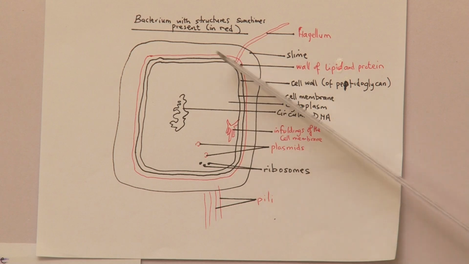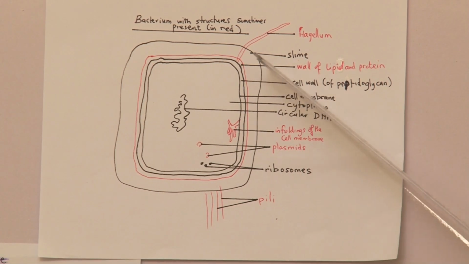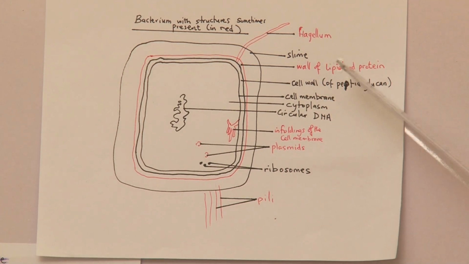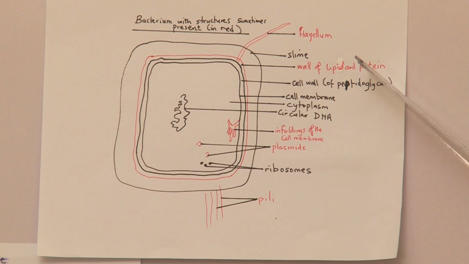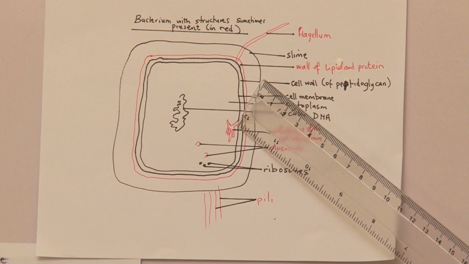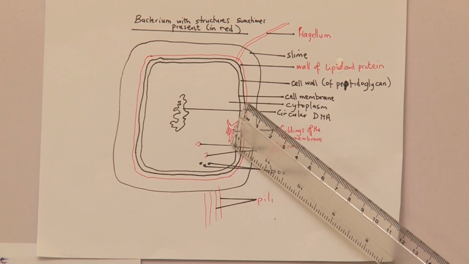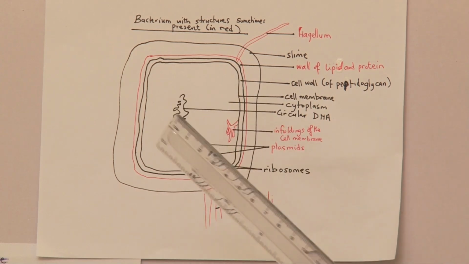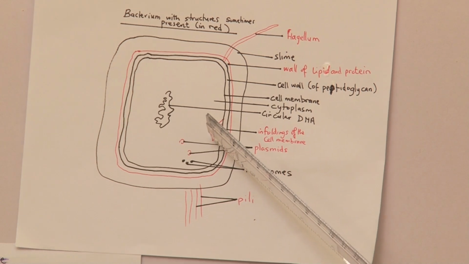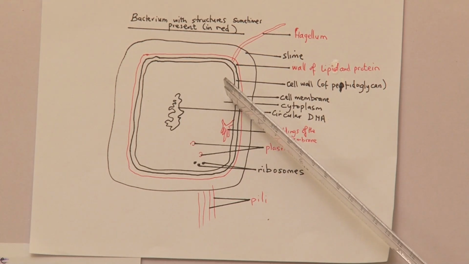So that's the additional wall, red wall. It's made up of lipids, fatty substances, and protein. Then the cell membrane can have some membrane-like folds inside the cytoplasm. All right? That's an additional structure that's found. Then the other membranes also can be found.